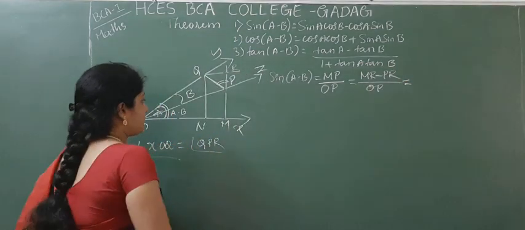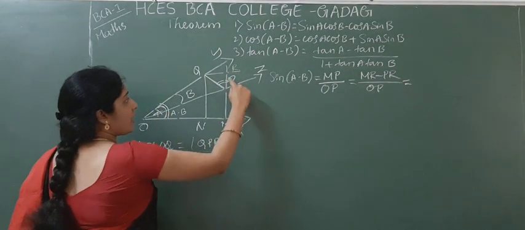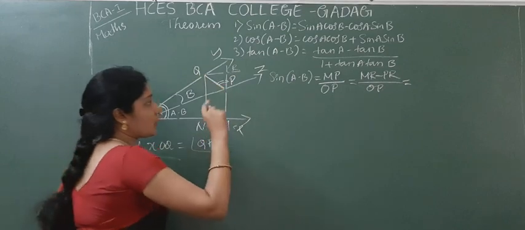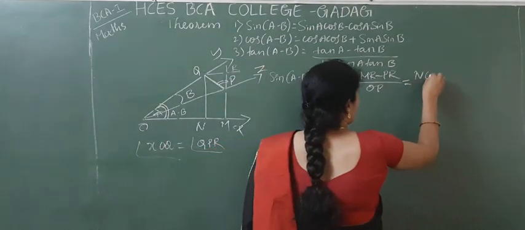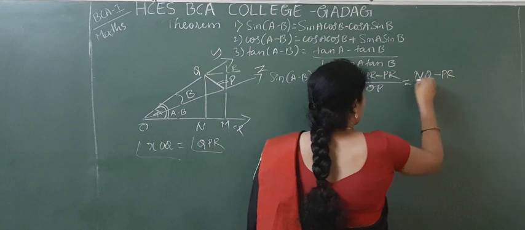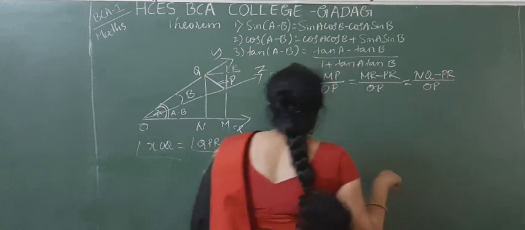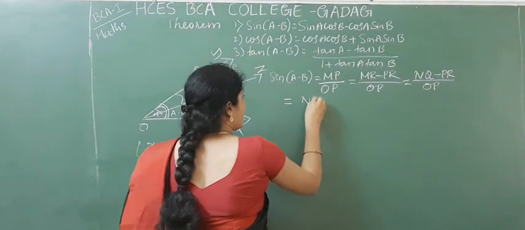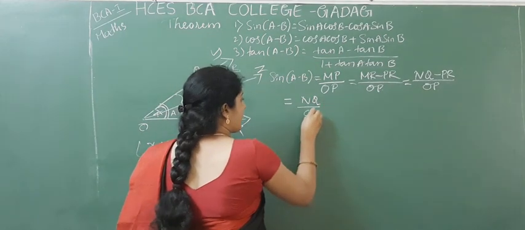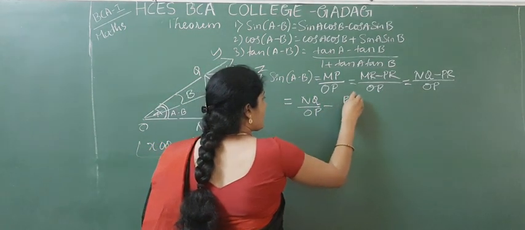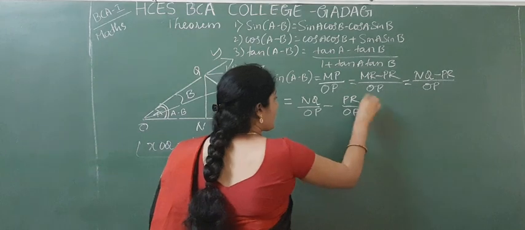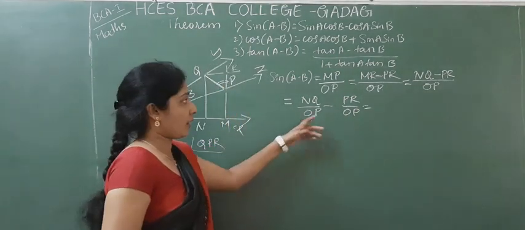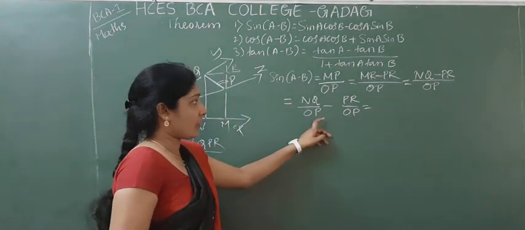Now again, what is MR? MR is equivalent to NQ. NQ minus PR divided by OP. So now NQ divided by OP minus PR divided by OP. Now I separated the denominator.